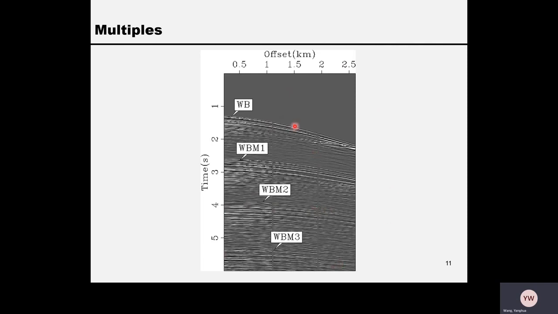Right? So that is a typical coherent noise, the water layer multiple. The wave bounces up and down many times within the water layer.